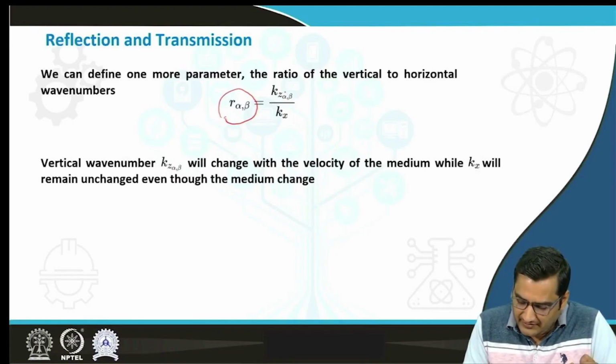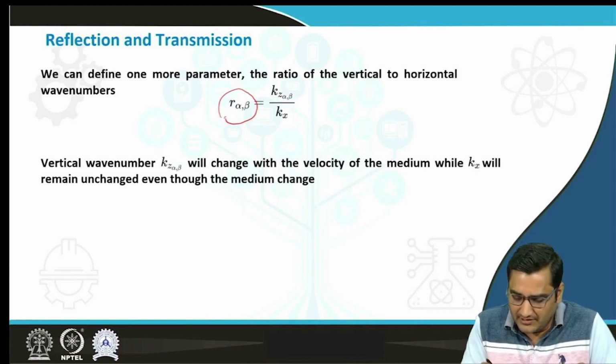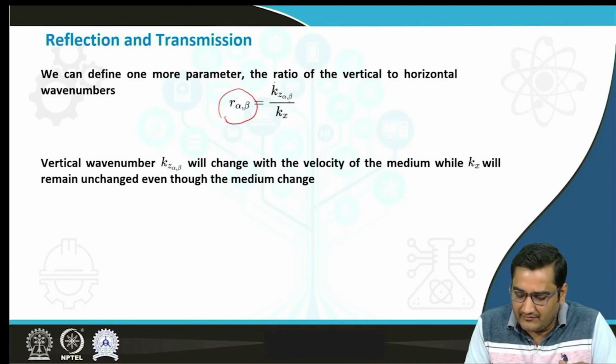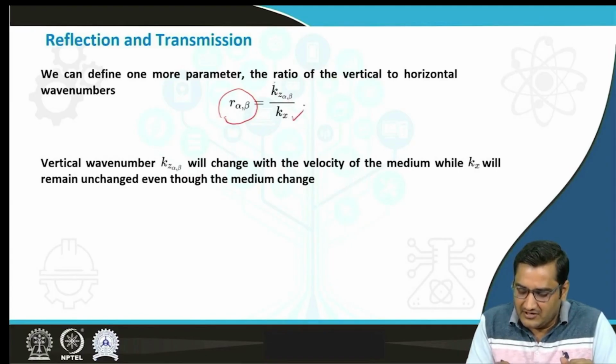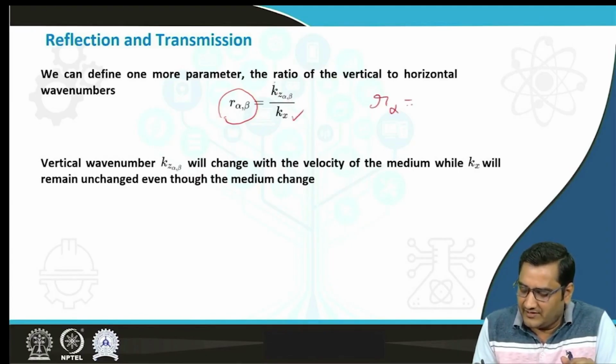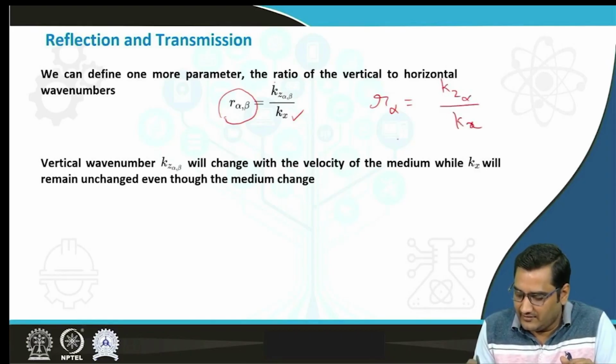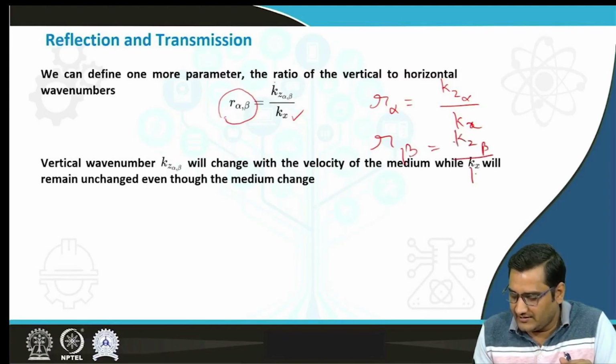So basically it is the ratio of vertical to horizontal wave number, that is k_z alpha comma beta divided by k_x. So if we are talking r alpha, then it will be k_z alpha by k_x. If we are talking r beta, then it will be k_z beta by k_x.